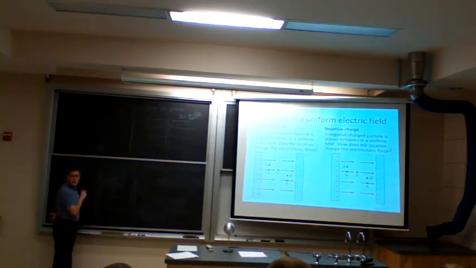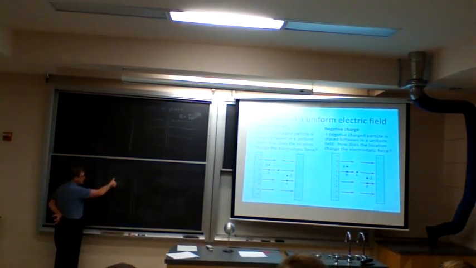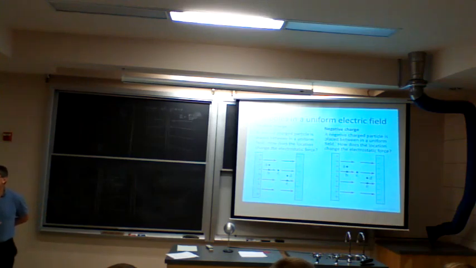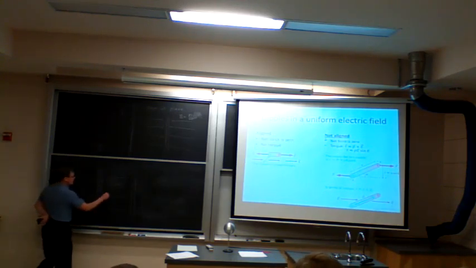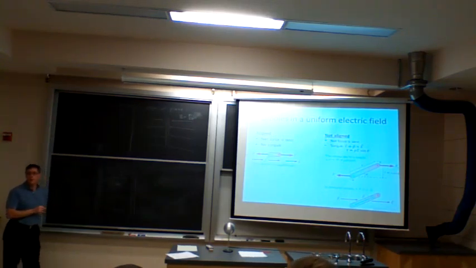What about the direction of the torque from the positive? It's also counterclockwise. There's a torque that wants to align that molecule with the field. So that's what we're getting at here. Remember we defined the dipole moment as the distance times the charge.